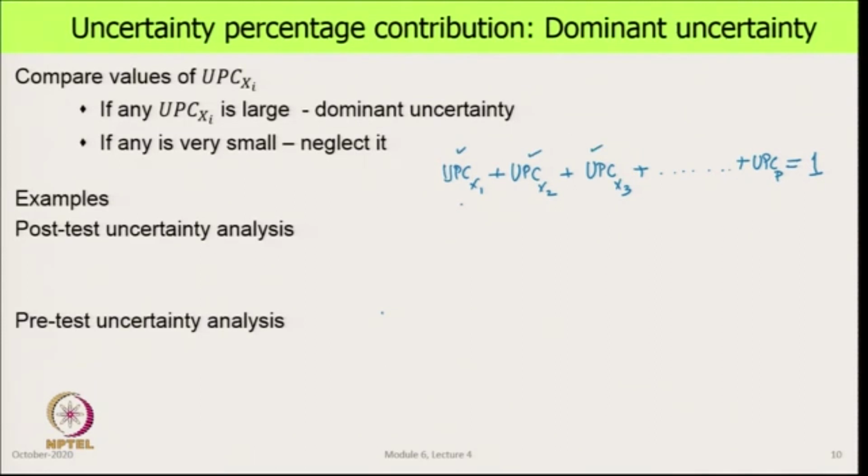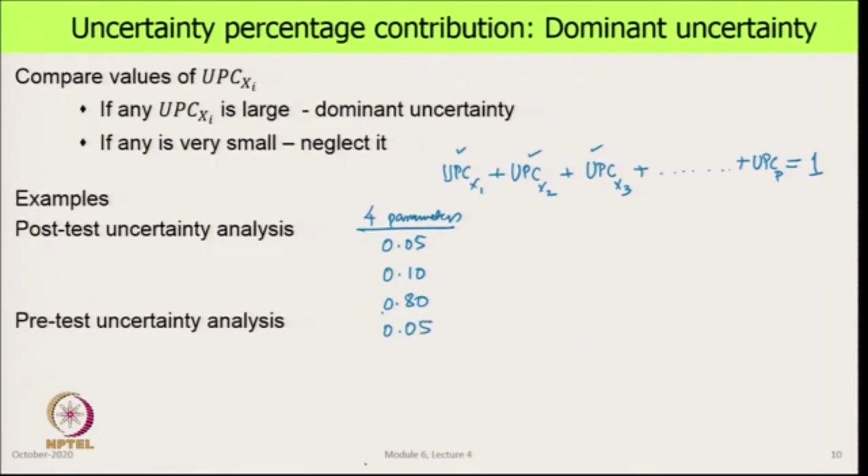So, what we get is a series of numbers for each UPC whose sum is 1. And now we can look at these numbers and figure out what is going on. So, we will take a few examples and let us see what happens. So, in an experiment, we have 4 parameters. We do all the calculations and we find that the UPCs that we get are 0.05, 0.10, 0.80 and 0.05.